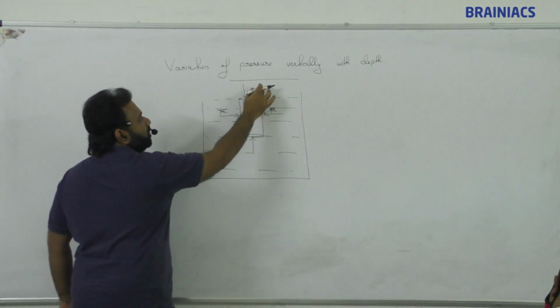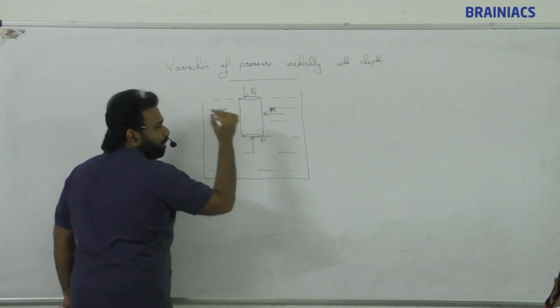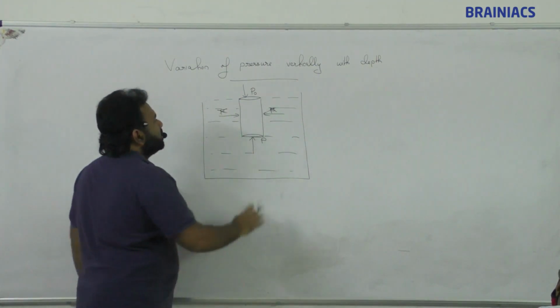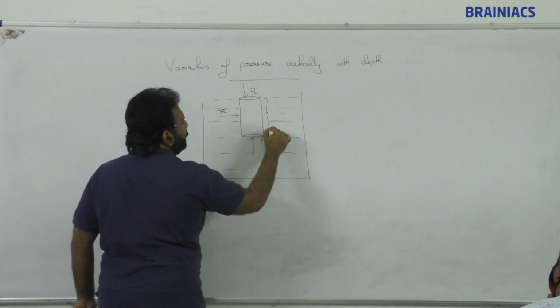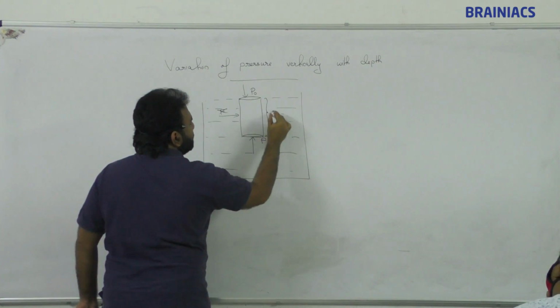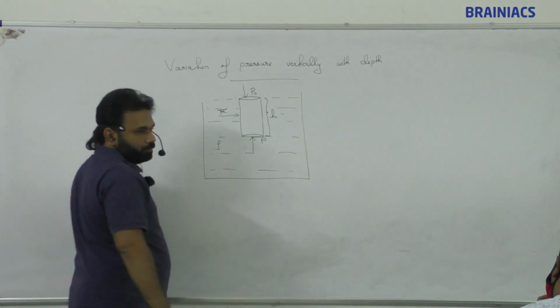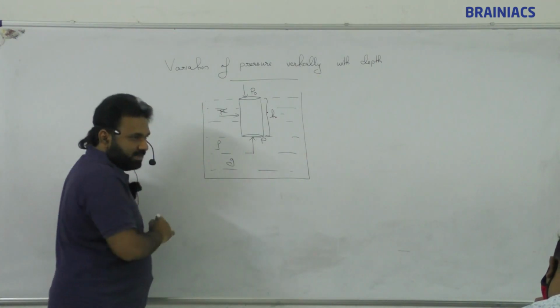Now if this is P0, we could say that here the pressure is P. Suppose the height of this liquid column is H, the density of this liquid is rho, and acceleration due to gravity is g.